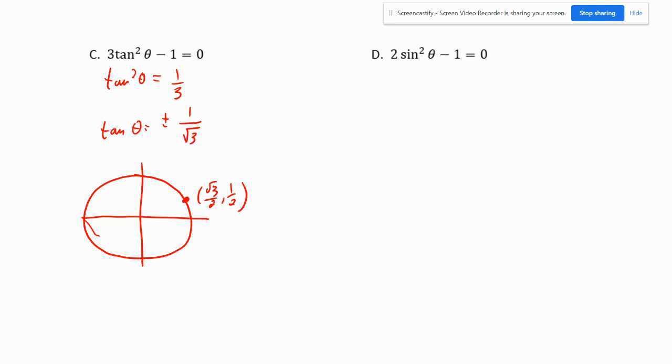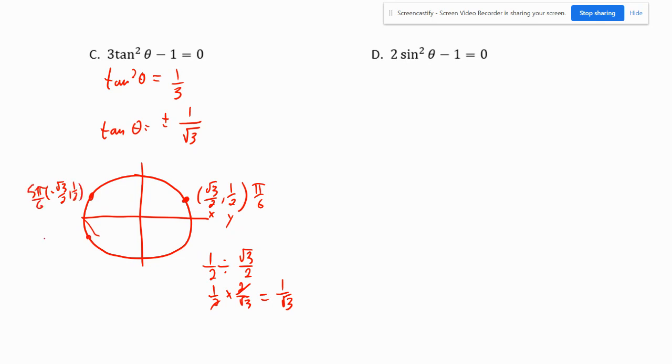If we go tan, which is y divided by x, it is going to be 1/2 divided by root 3 over 2, which is the same thing as 1/2 times 2 over root 3. It's multiplied by the reciprocal. The 2's cancel out, and we get 1 over root 3. So this is happening at pi over 6. But we want plus or minus. That's also going to happen here, where we have negative root 3 over 2, 1/2, and that's at 5 pi over 6.